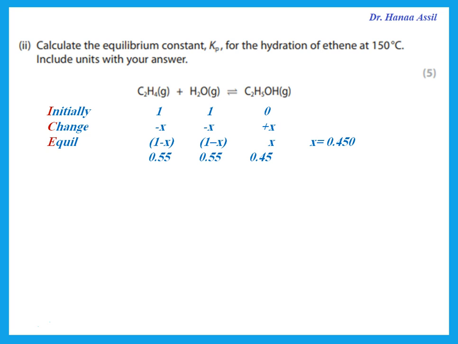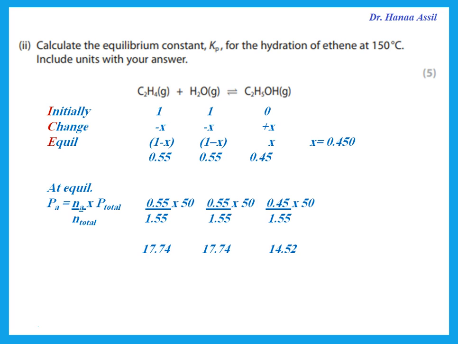And that means at equilibrium, I have 0.55 mole of C2H4, 0.55 mole of water, because 0.45 mole of ethanol were formed. Remember, he gives me the value of X. X of ethanol is formed, and he said X is 0.45, so I calculate the number of moles of each.